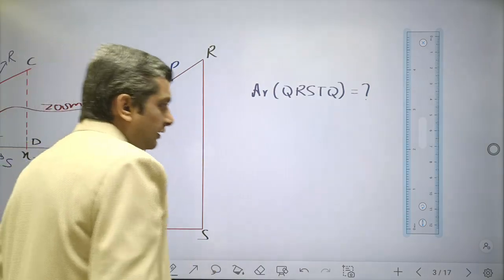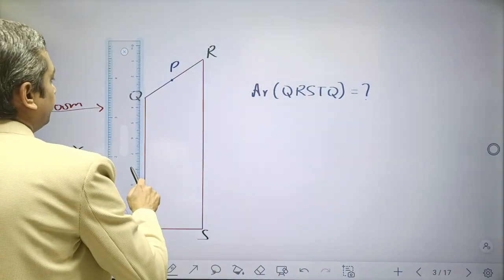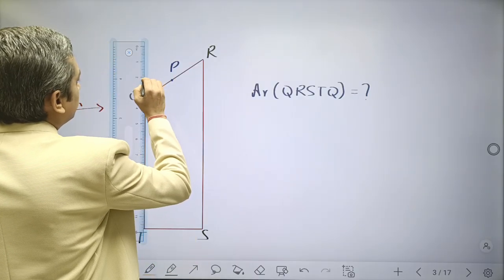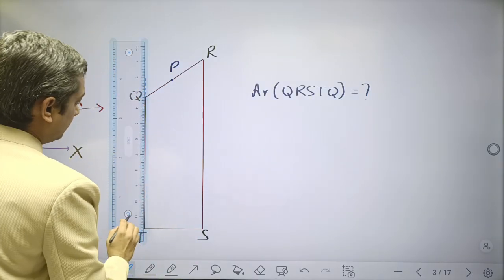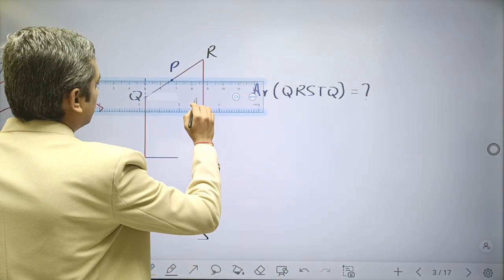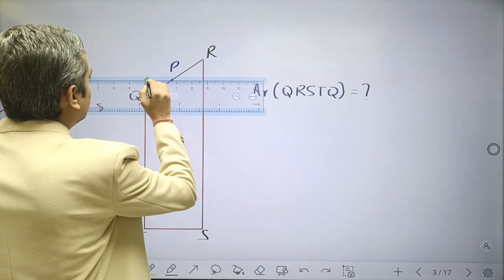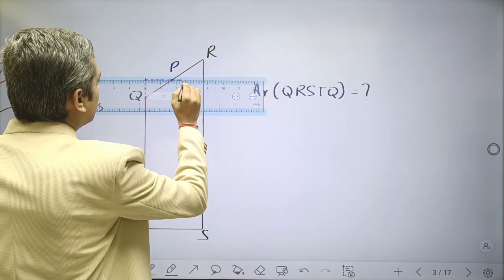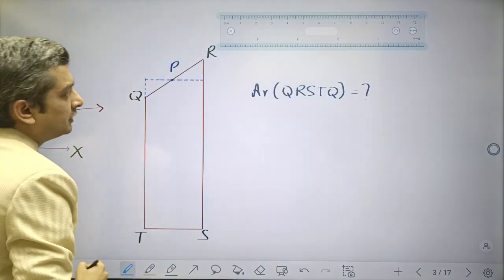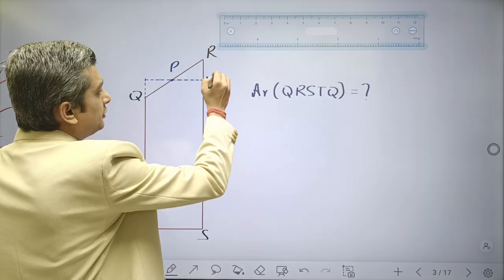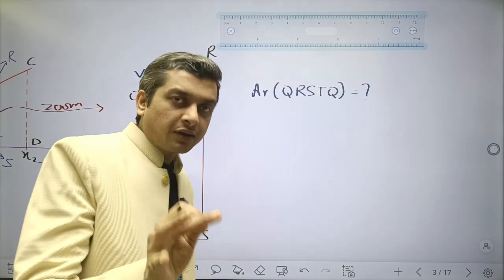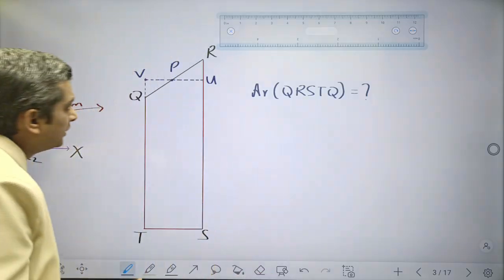So here I am doing some arrangements and observe that arrangement. I am extending this line and joining this line. So this is point P. Let us suppose this is point U and this point is point V. Now what happens? This is the turning point of this integration concept.